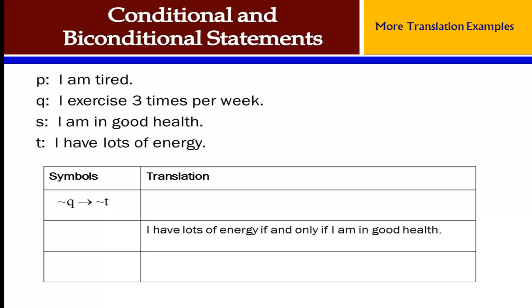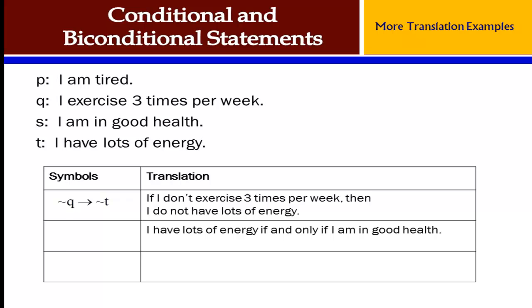And in this case, it's the negation of Q and the negation of T. Since Q is I exercise 3 times per week, its negation would be I don't exercise 3 times per week. And since T is I have lots of energy, its negation would be I do not have lots of energy. So if I don't exercise 3 times per week, then I do not have lots of energy, would be our translation.